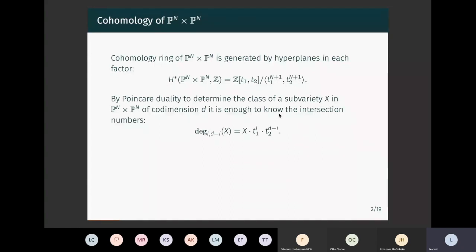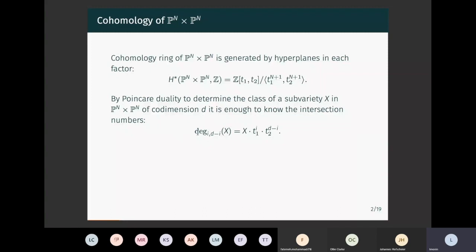To determine the class of a subvariety X of P^N times P^N of codimension N, it's enough to know the intersection numbers of X with a monomial in T1, T2 of the correct degree.